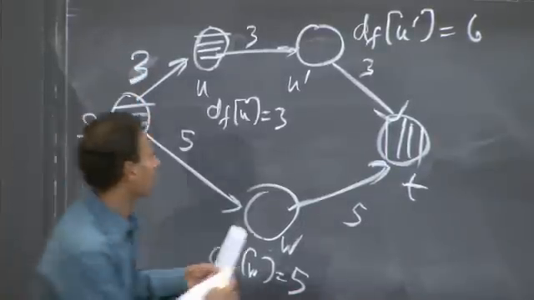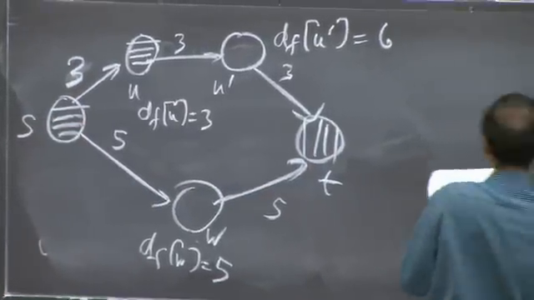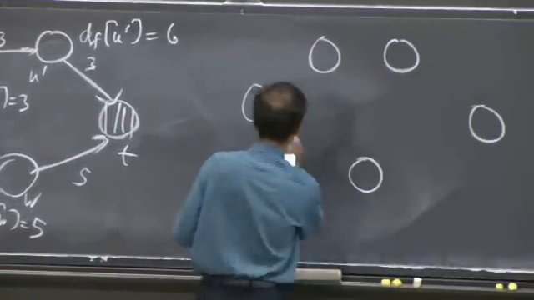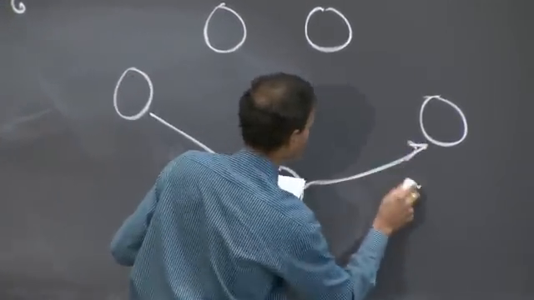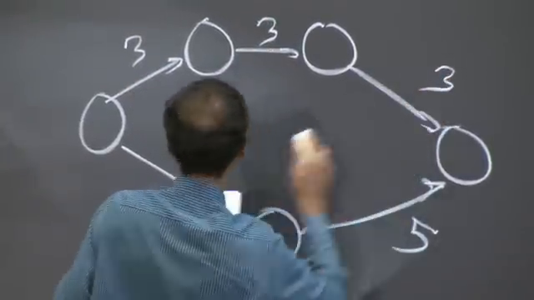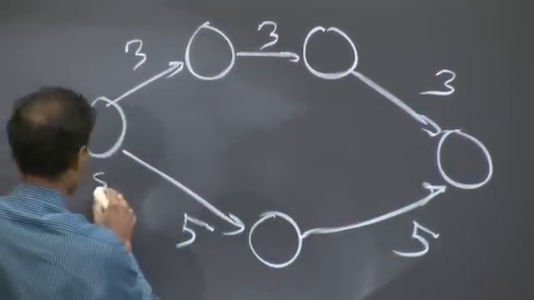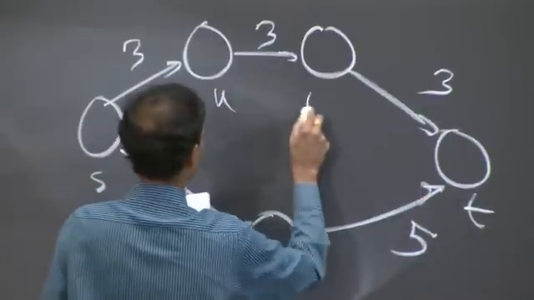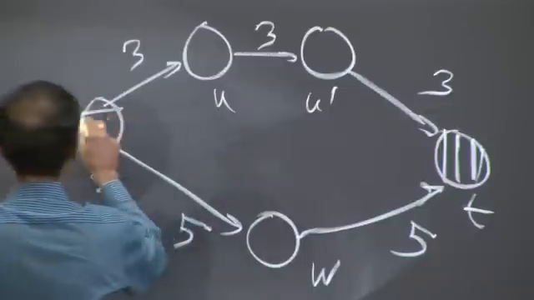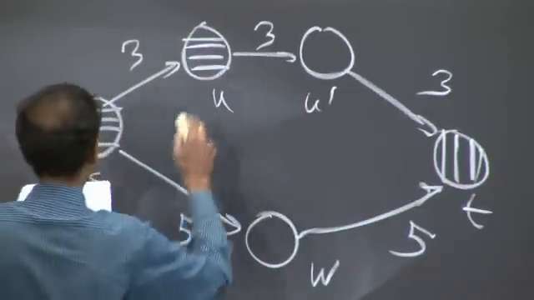Yep. All right. So now I go to the backward search. Again, I have S, T, U, U prime, W. I'm going to go ahead and hash this. This has been hashed horizontally.